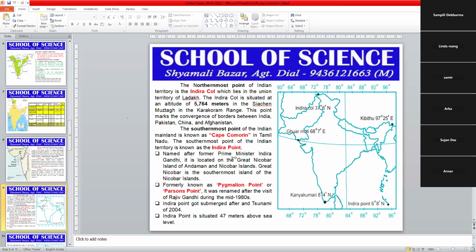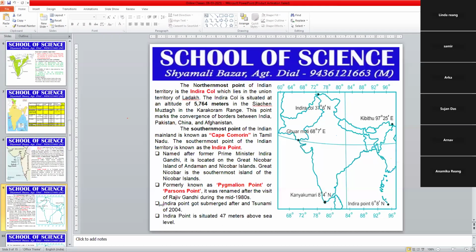Now, Indira Point is named after our former Prime Minister Indira Gandhi. It is located on the Great Nicobar Island of Andaman and Nicobar Islands. Great Nicobar is the southernmost island of the Nicobar Islands. Which is the southernmost island of India? It is the Great Nicobar.